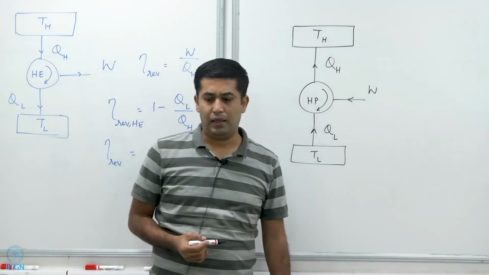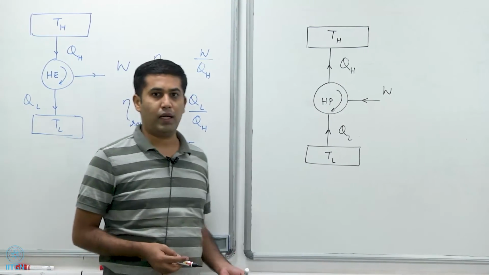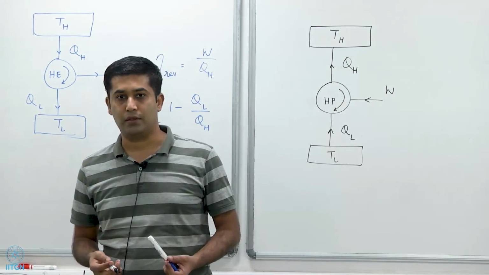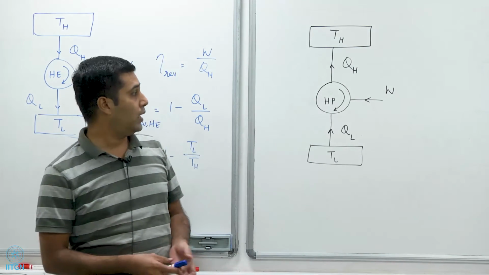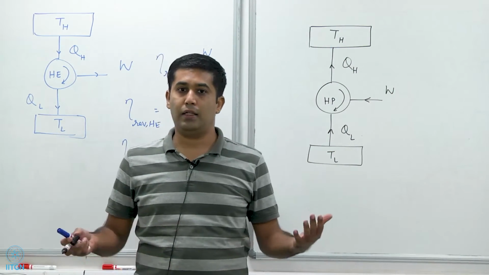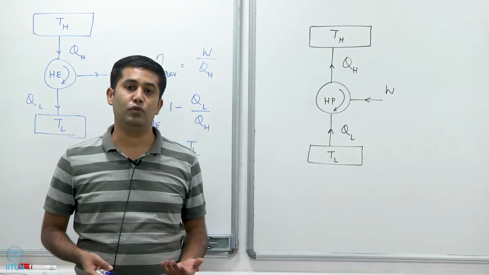Now we haven't discussed this before, but you might ask, why do we need to do all this? Why can't we just use an electrical resistance heater to supply the heat that is required? And you can do that, and then the entire work will be converted directly to heat, and that is fine. But then you will lose a lot of useful work, and you don't want to do that.